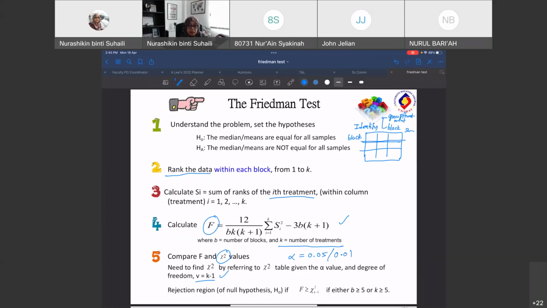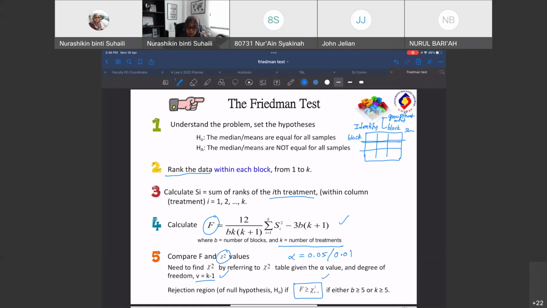Okay. The rejection region. You reject the null hypothesis if this condition is met: if the F value is greater than the chi-square. Or the other way around, if F is less than chi-square, then you have to accept the null hypothesis.